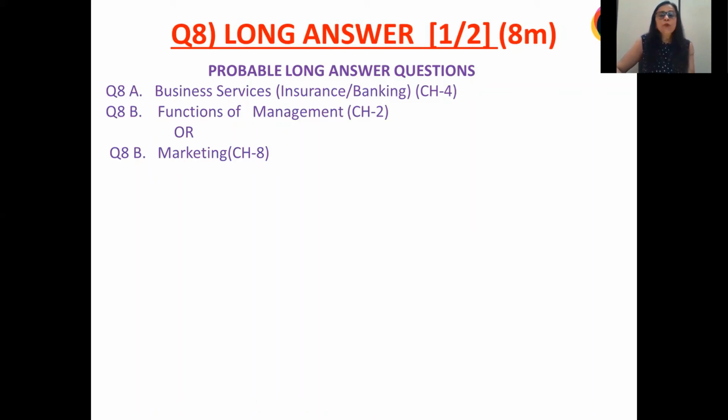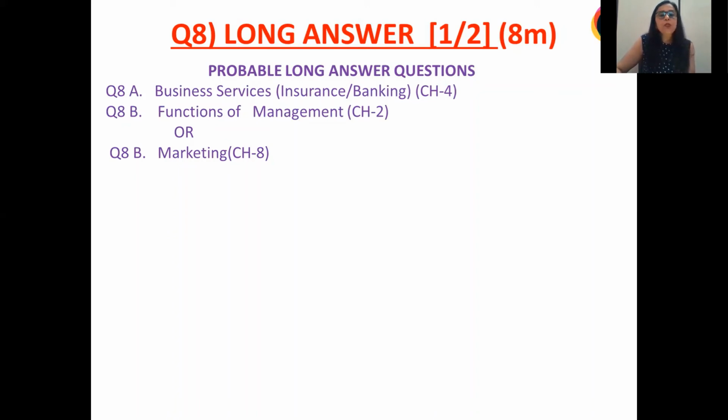Remember, students, if you're doing a long answer from this chapter, meaning you don't really need to worry about the long answers of either functions of management or marketing, which does not mean much because you have to prepare your other short notes and short answers from these chapters. But yes, knowing that chapter 4 is what you are going to get an 8 marks long answer from definitely helps.